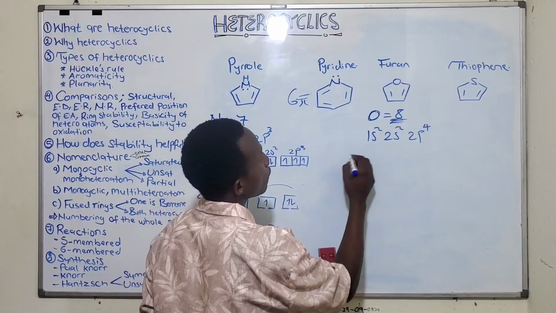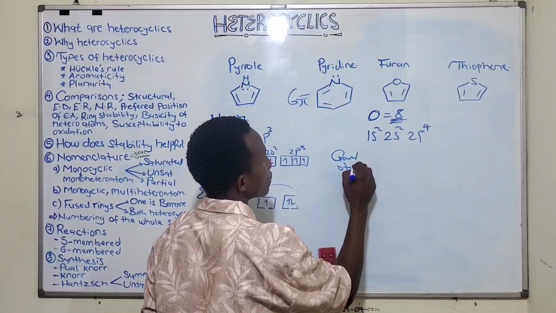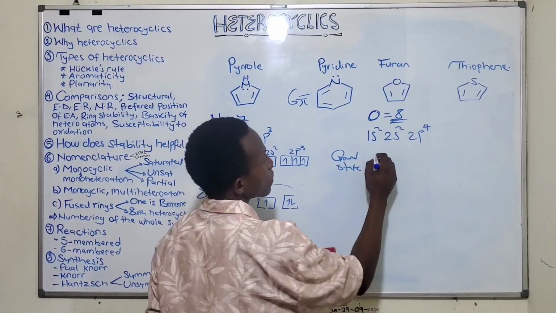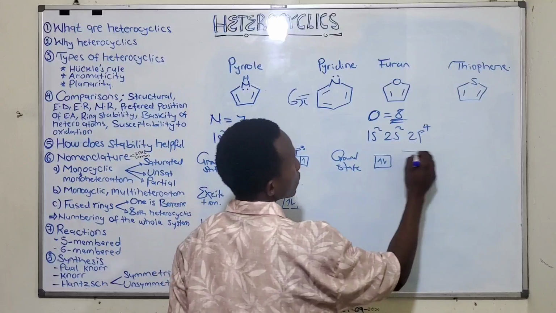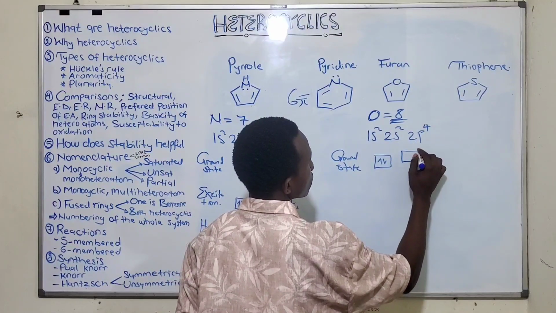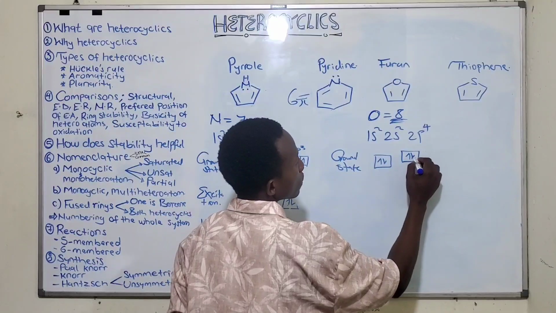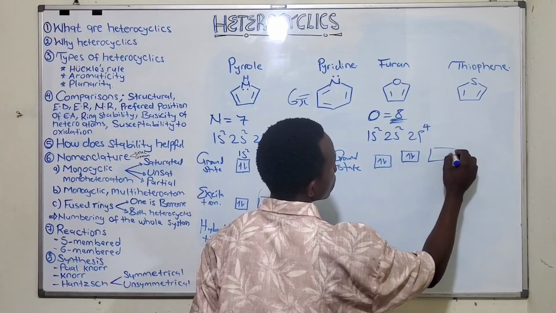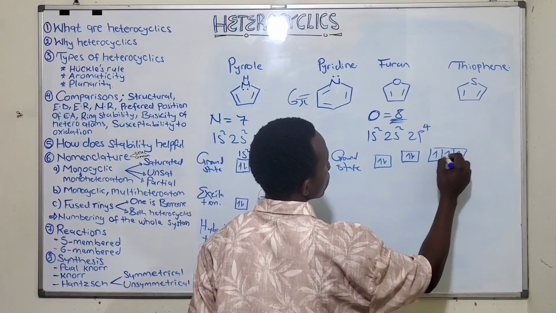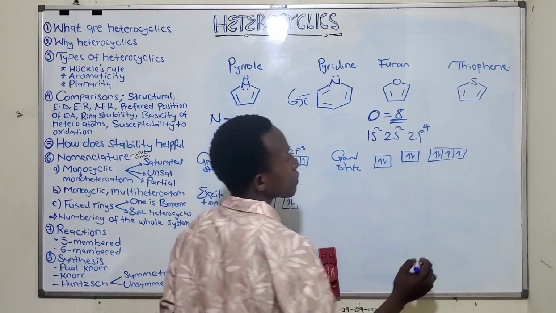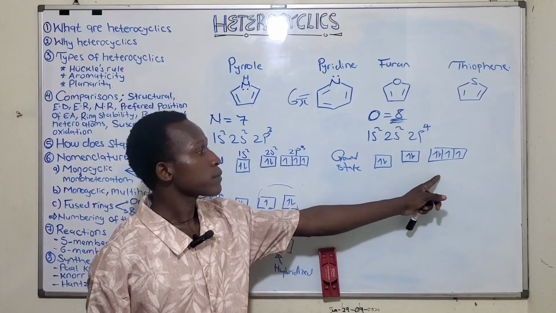So we shall have at ground state, this. Then you have 2s2. Then we have the 2p4.